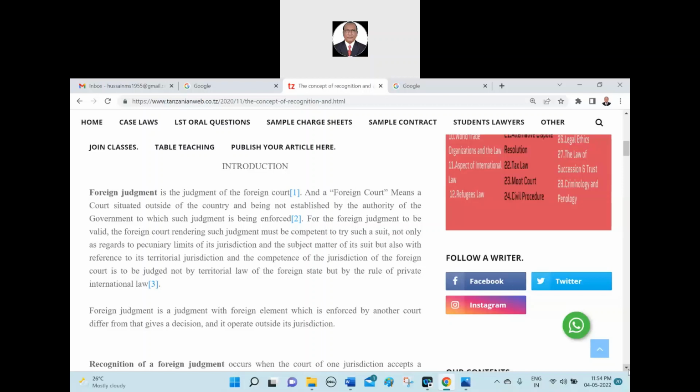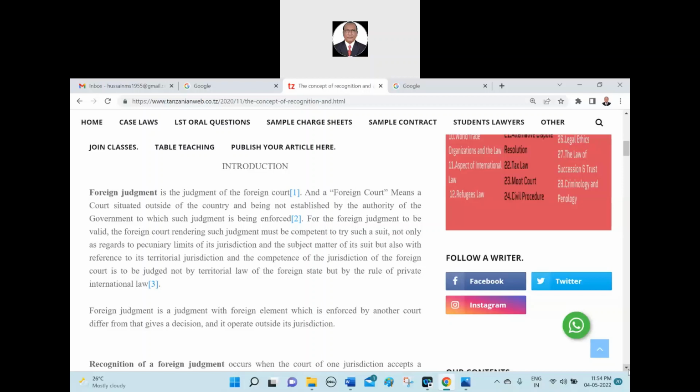Am I right? Say yes. But when you are using that country's law in Tanzania, the jurisdiction varies, no? There is no question of territorial jurisdiction counting there. But what will we count there? We count the rules of private international law.